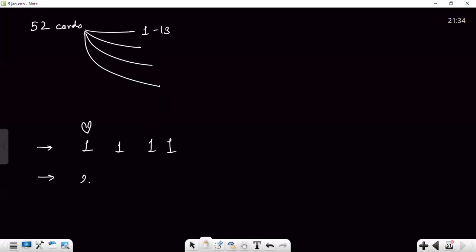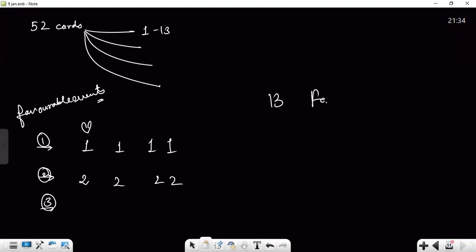For the second case, if a card with number 2 is withdrawn from heart, then the other cards have to be 2 only. This is the first event, this is the second event, this is the third event. These are our favorable events. Similarly, there will be 13 such favorable events.